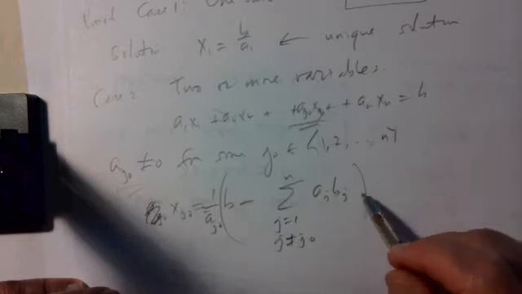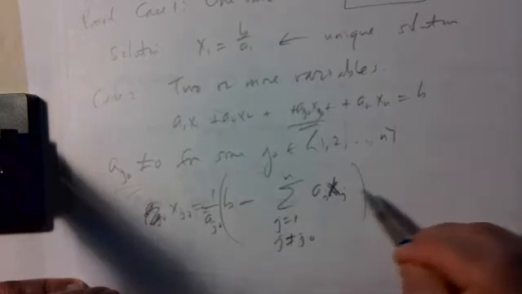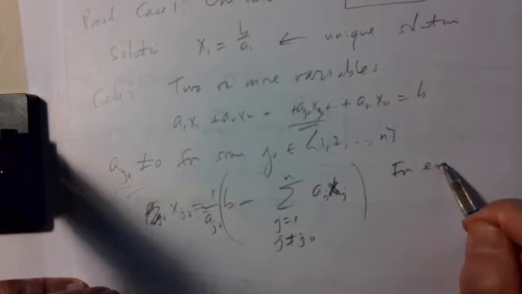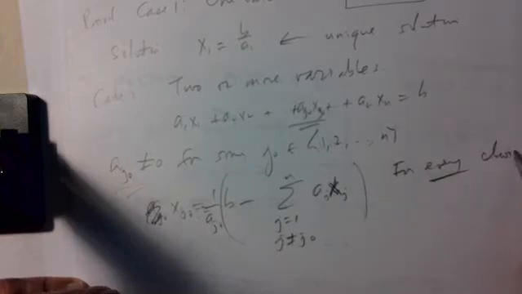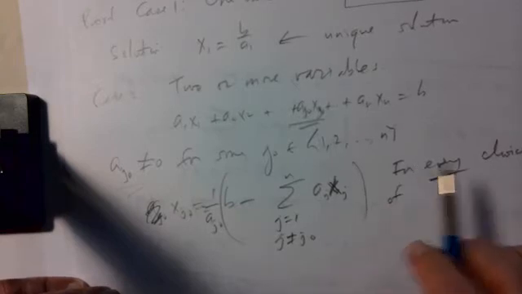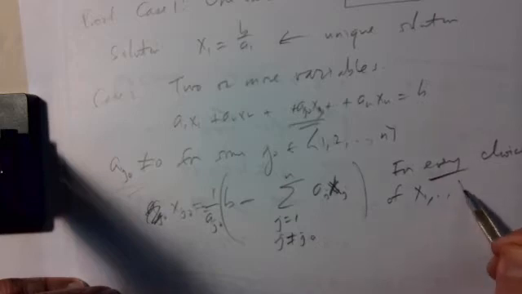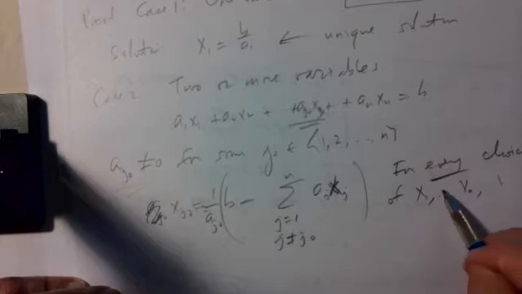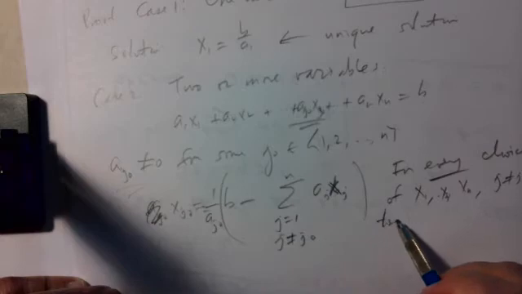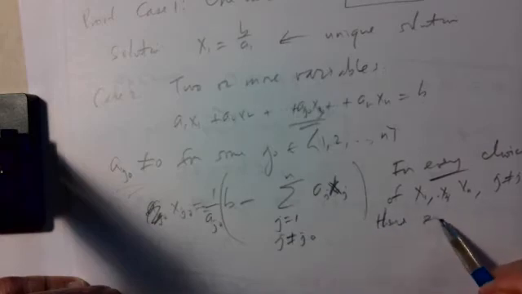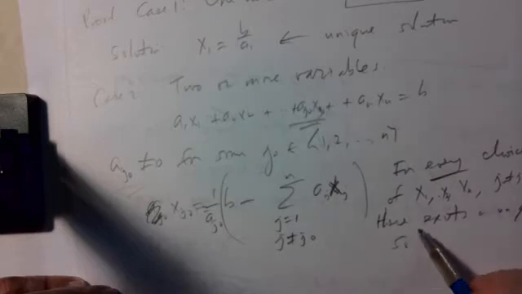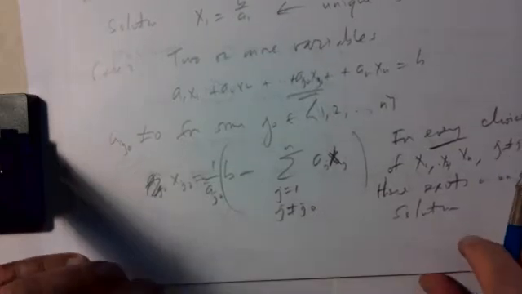So, x sub j. So for every choice of the numbers x1 up to x sub n, except for j naught, there exists a unique solution of the equation.